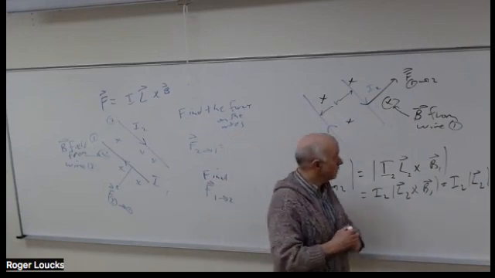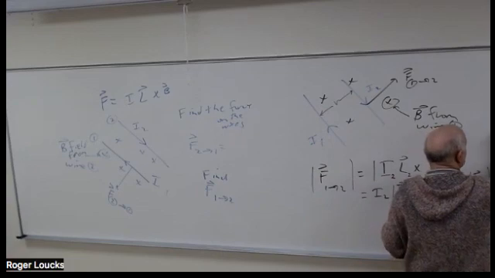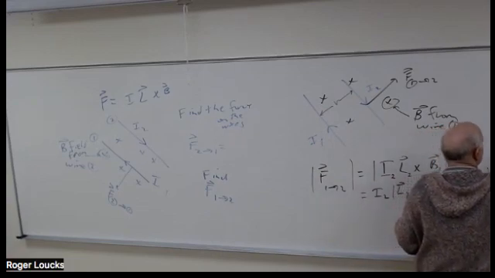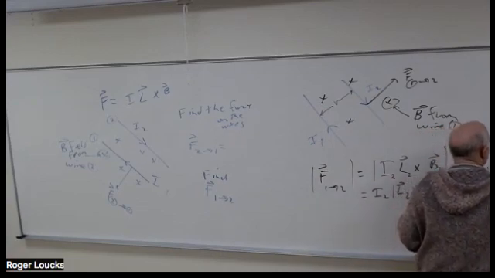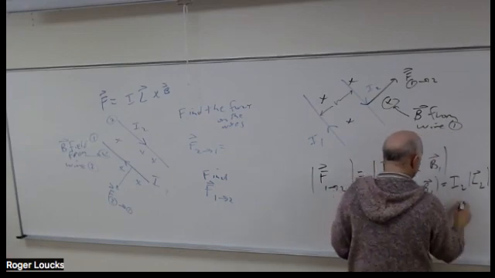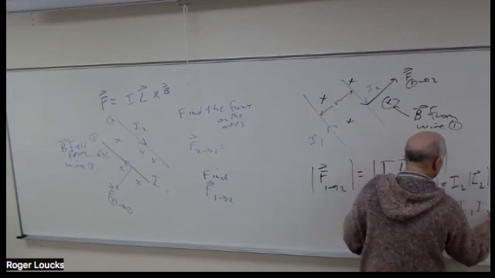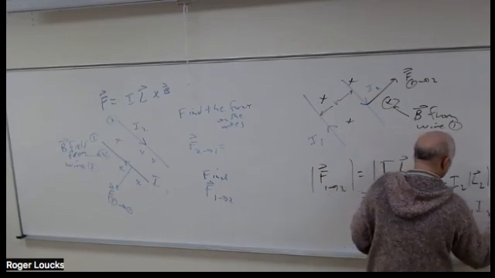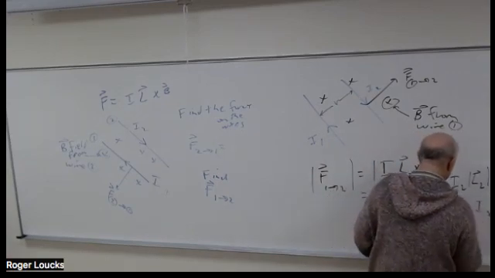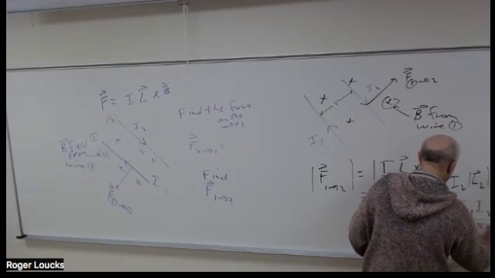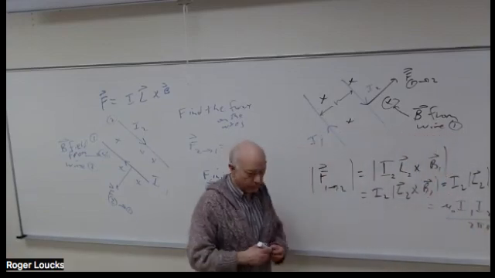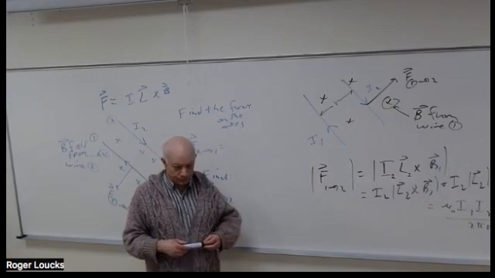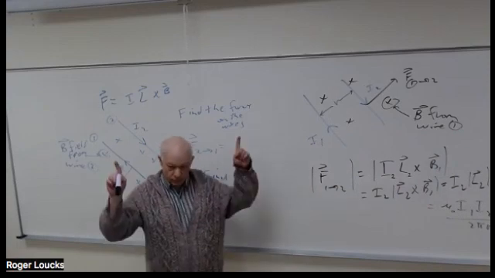This is I1, so this is B1. So you end up with I1, I2 and an L here like this. That's what that force would be. L is just whatever the portion is.